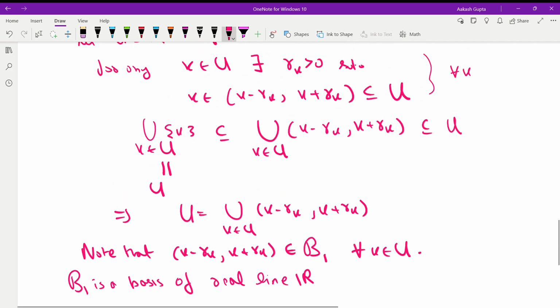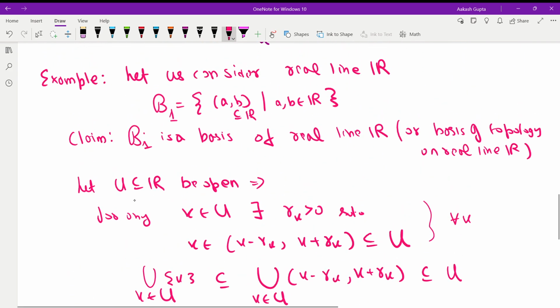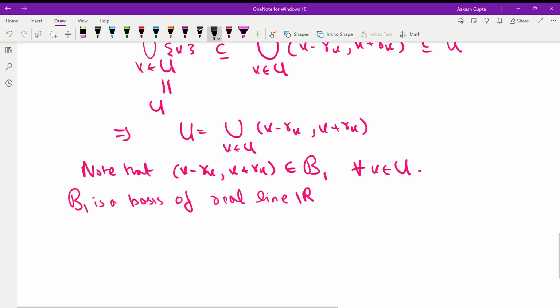So okay, what I have written here, if you see, not "the" basis. It means there can be more. So this is your homework, sort of. Let me give you an exercise.